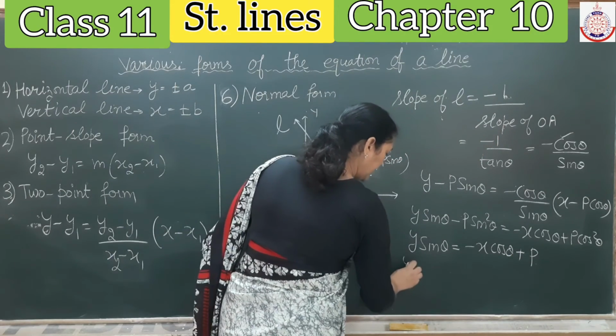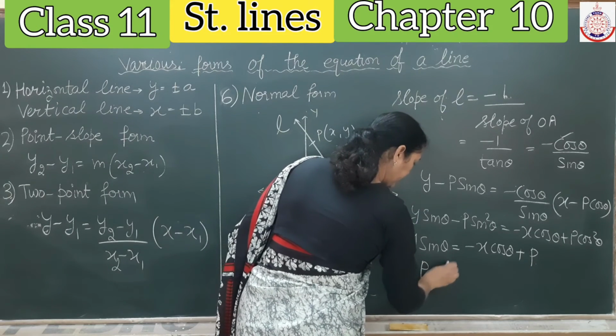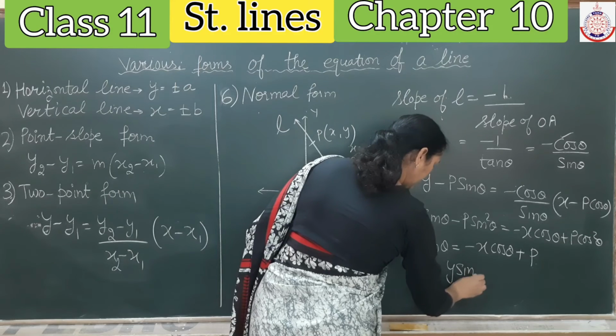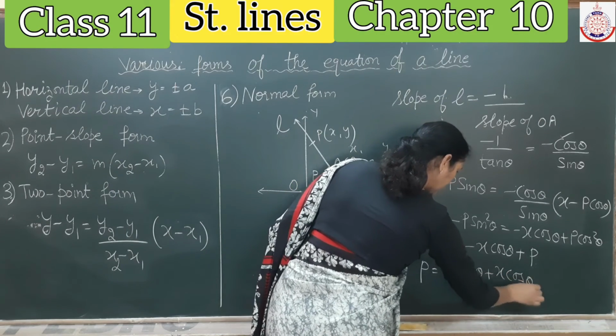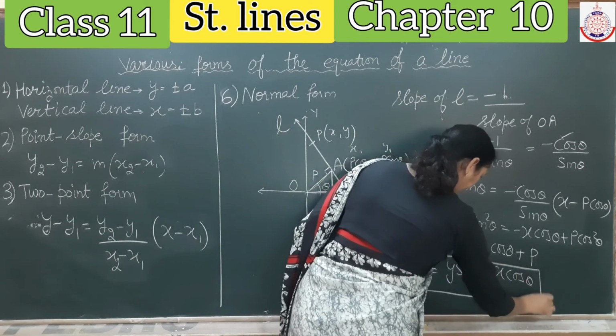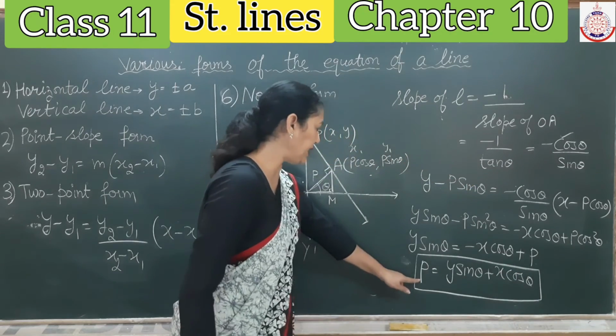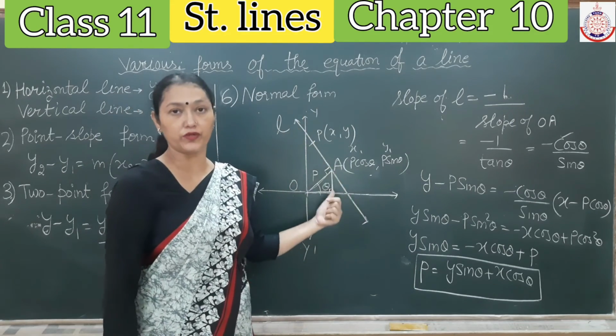Shifting this to this side, we'll have p equals y sin theta plus x cos theta. So this is the normal form, where P is the perpendicular distance of the line L from the origin.